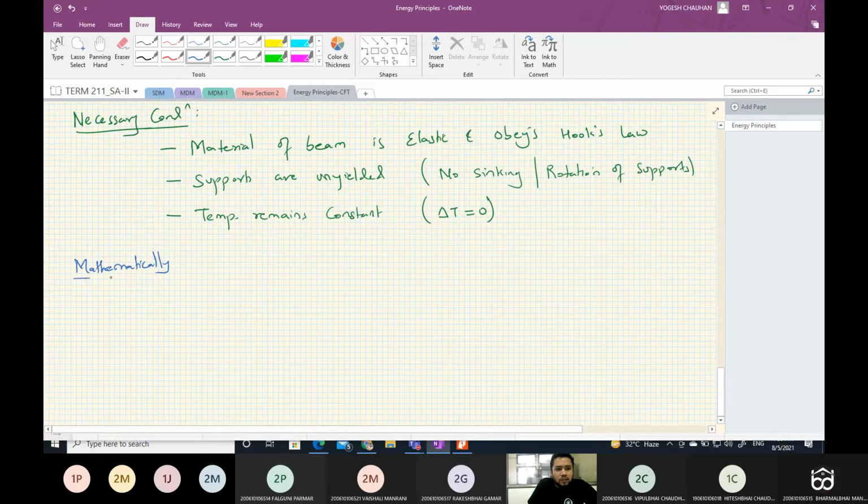Mathematically we can write this as delta 12 equals delta 21.